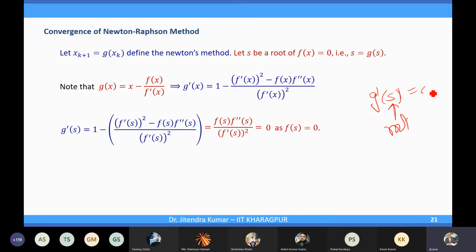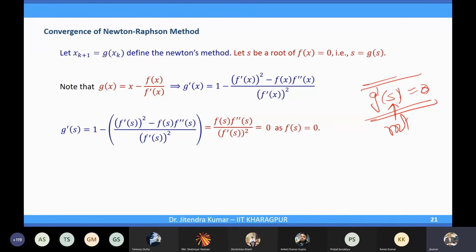Naturally, we assume all continuity and differentiability assumptions. So if g prime at s is equal to 0, and we take any approximation in close proximity of this root, then naturally g prime will be less than 1 because of continuity. It will not just go up; it will continuously move from 0 to some other value.